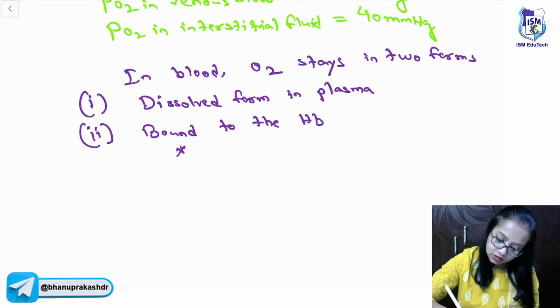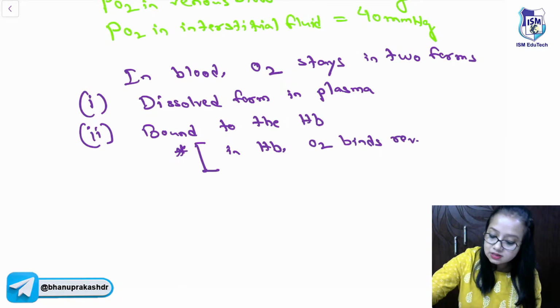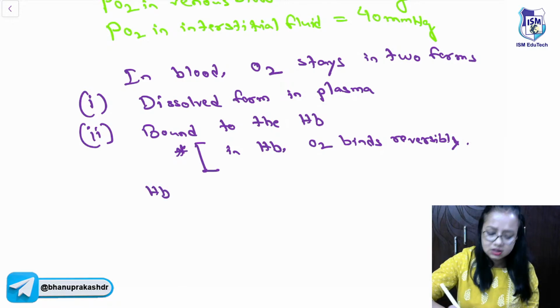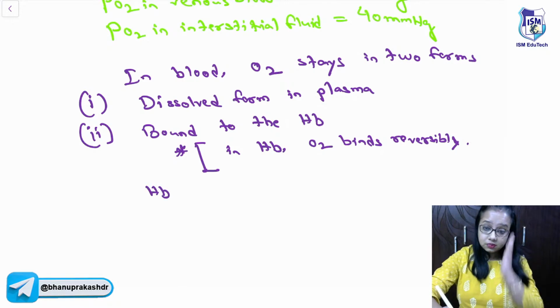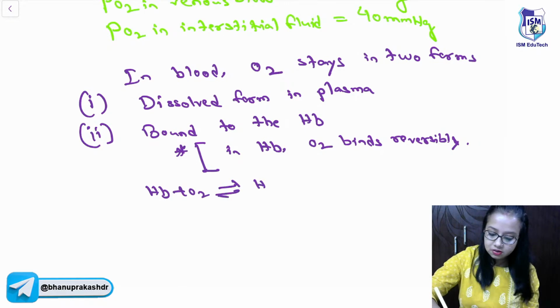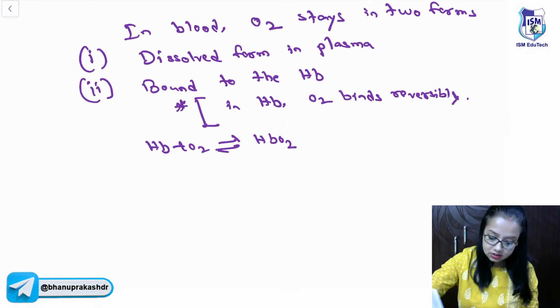In hemoglobin, oxygen binds reversibly. It binds reversibly means what? A totally deoxygenated hemoglobin will bind with oxygen reversibly and form HbO2. So one molecule, that is two atoms of oxygen, is bound.